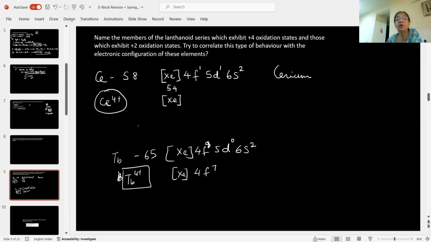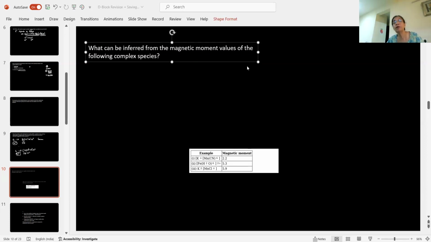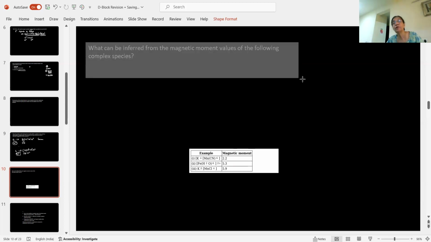Okay, so try to correlate the type of behavior with electronic configurations. Here the configuration is like xenon, and here it is half filled. So for these two elements, the +4 oxidation state is very stable. Okay. Then: what can be inferred from the magnetic values of the following complexes? This I have explained to you earlier.